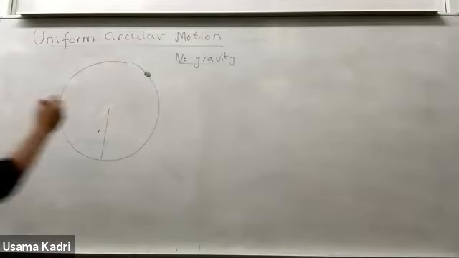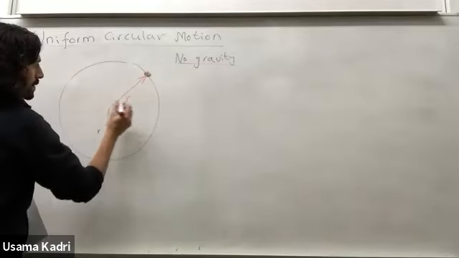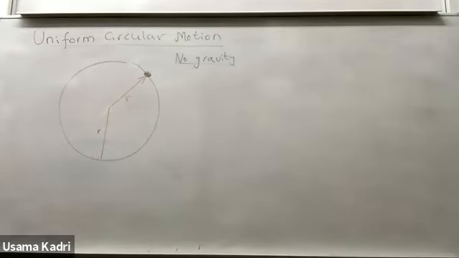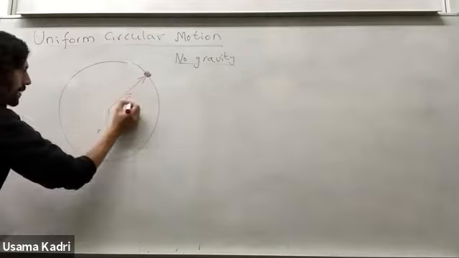Okay, so this would be my position vector. This is my r(t). This is my position vector, and it's a function of time.